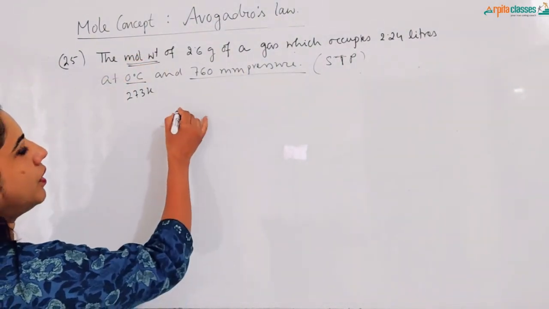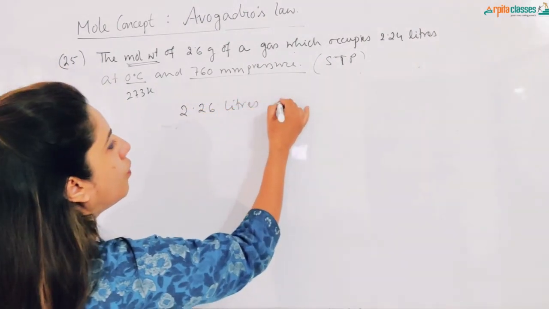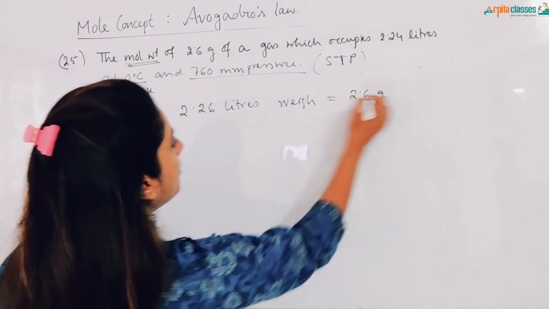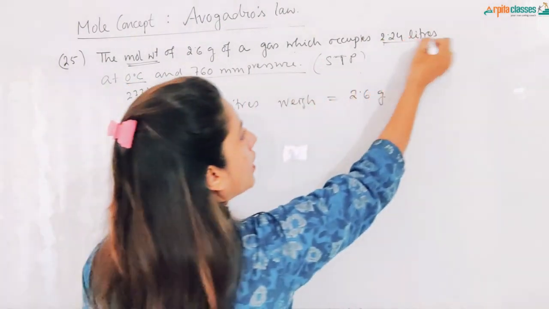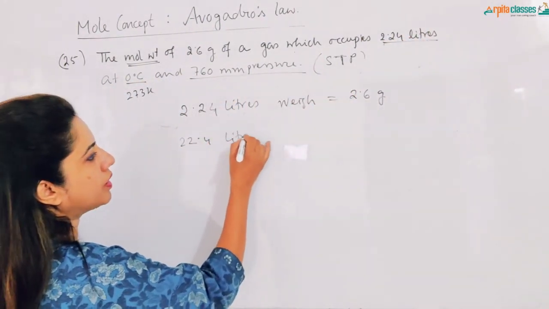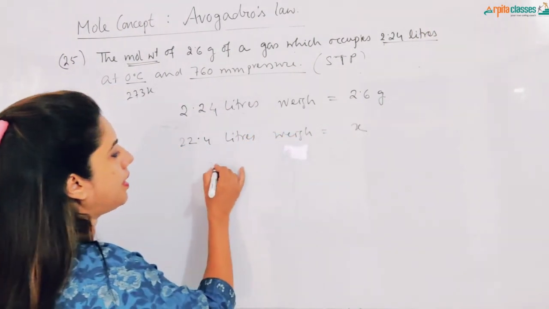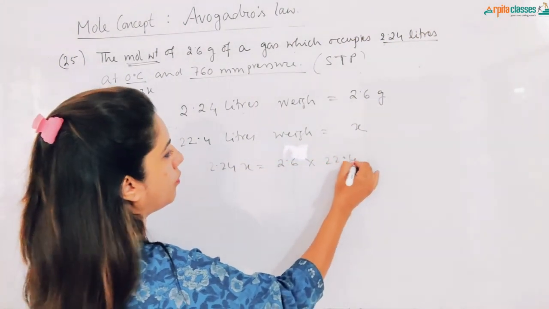So we will just write down that 2.24 liters weigh 2.6 gram. So 22.4 liters weigh how much? Cross multiply, 2.24x is equal to 2.6 into 22.4.